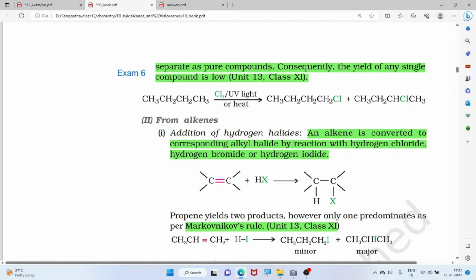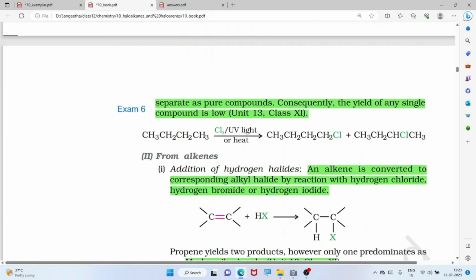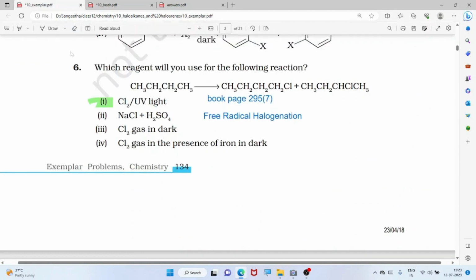This is light. So this is free radical halogenation. This is that reaction. Here also it is written.